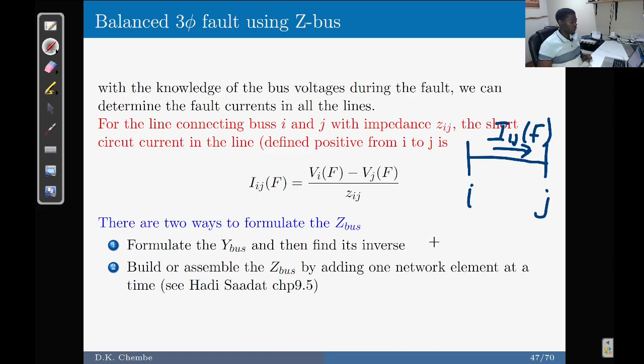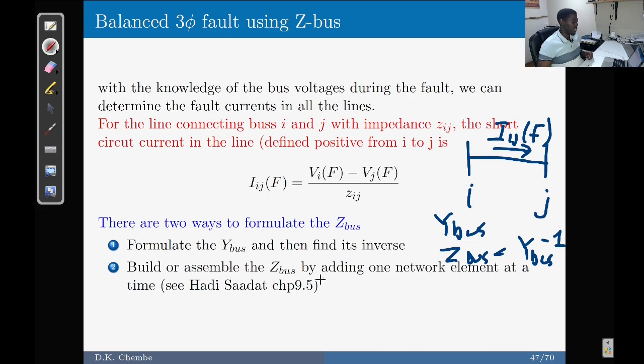We could formulate the Y bus initially, and then find its inverse. So we are saying we know that we're able to determine the Y bus. Once we calculate the Y bus, then our Z bus is simply Y bus inverse. So when we calculate the inverse of the Y bus, then we've calculated the Z bus.